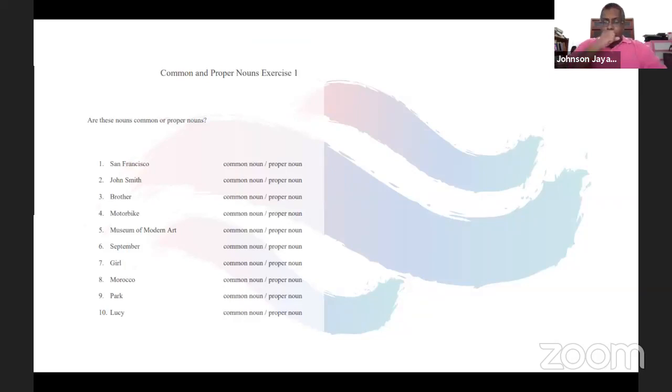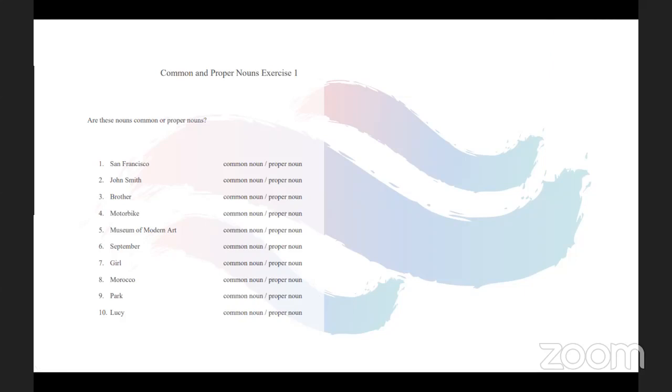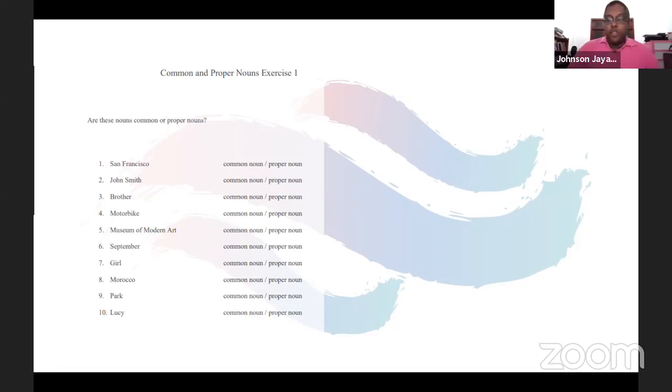Right, okay. So let's do a few exercises related to these different types of nouns. This is the first exercise, common and proper nouns. Are these nouns common or proper nouns? What you need to do is decide whether these 10 are proper nouns or common nouns. I'll give you about 3 minutes just to quickly answer this. Once you're done, I will put the answers up.